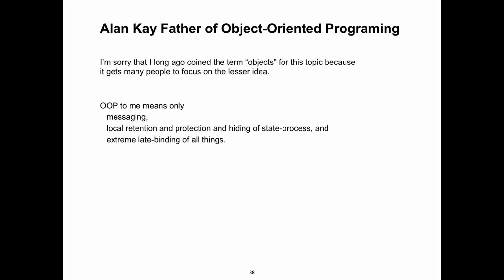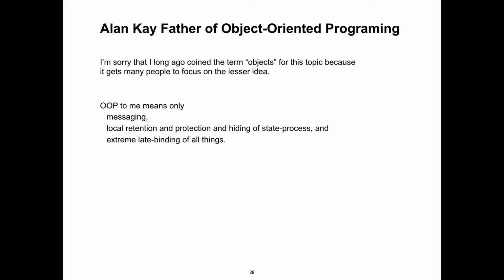And then there's hiding things locally, and late binding, right? You see that a little bit in Java, where I can swap classes in or out. I can take an object from a subclass and interchange them.